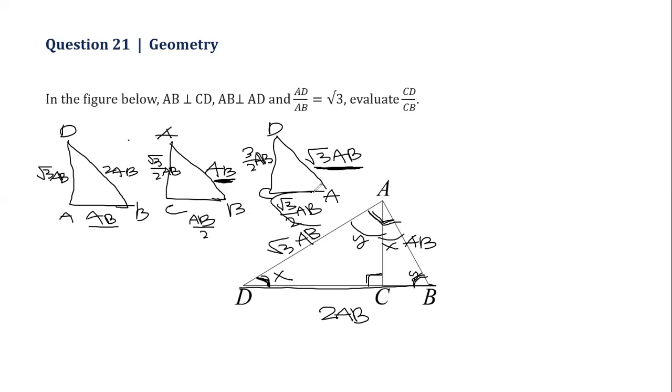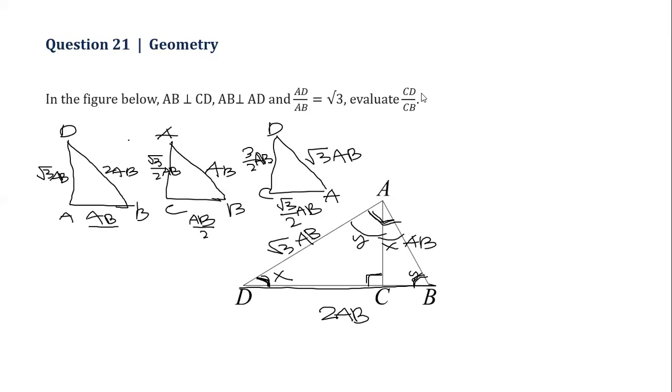So if you want to find the length of these sides, you will have to multiply this by square root of 3. Does that answer the question? Is this clear?